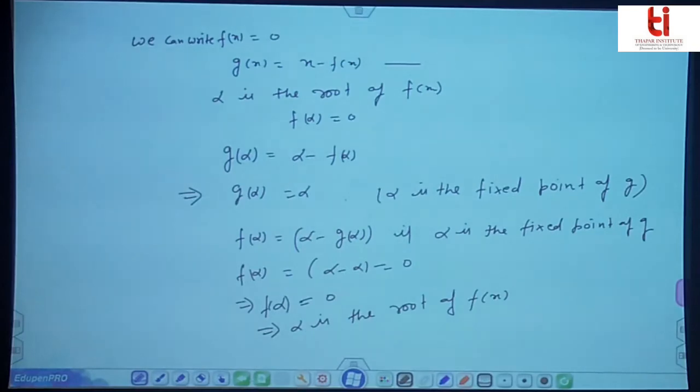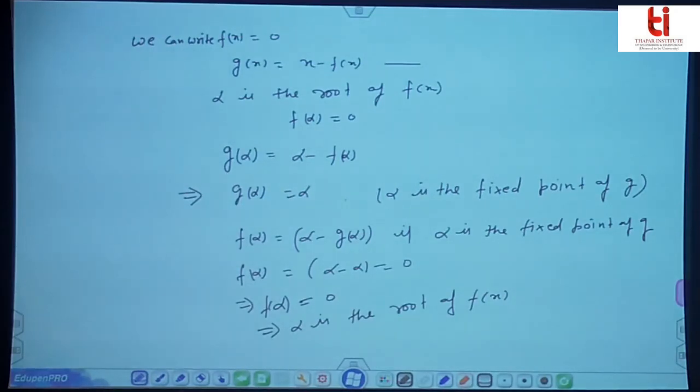So I think it should be clear in this chapter how we can connect fixed point with the root finding problem. The root finding problem f(x) = 0 can be written in terms of x = g(x), and then we are interested to compute the fixed point of g(x). If we are able to compute the fixed point of g(x), then we can say it is the root of the function f(x).